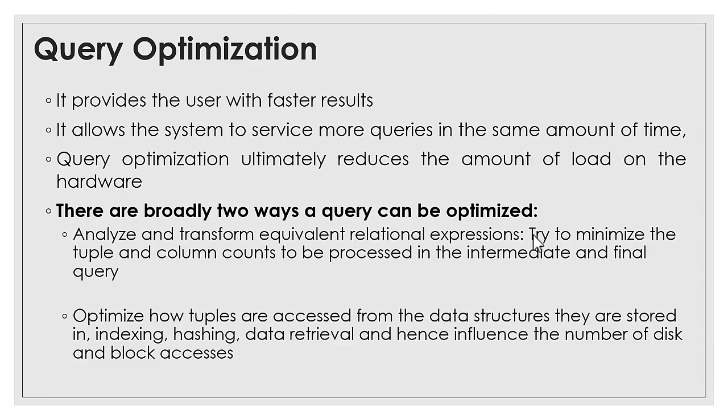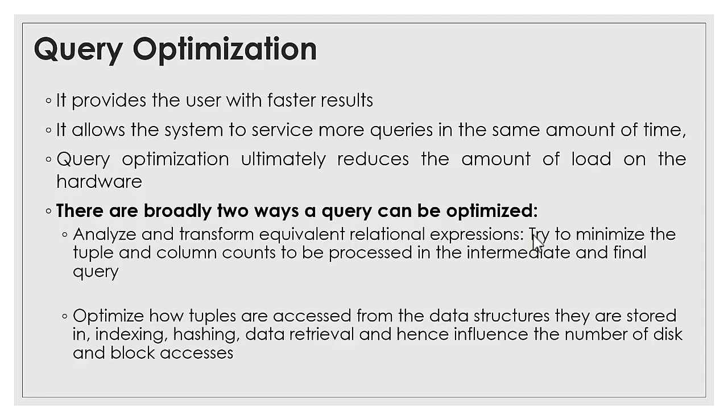So our focus will be on how we can give fewer tuples or fewer columns or attributes to the intermediate query or to the final query so that it reduces the working load of that relational expression.